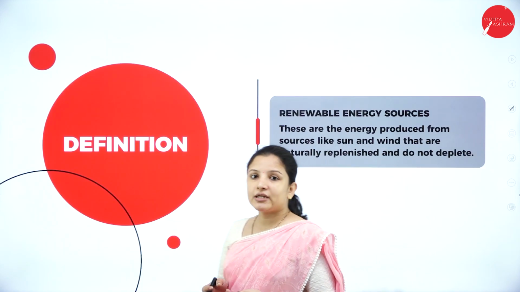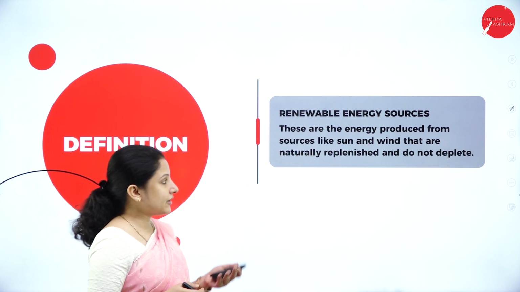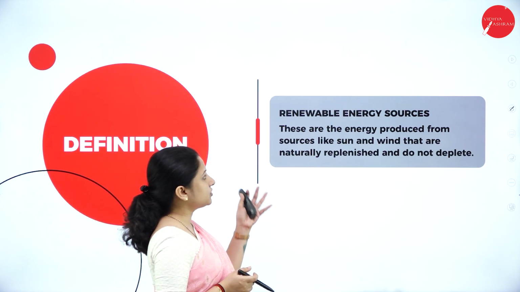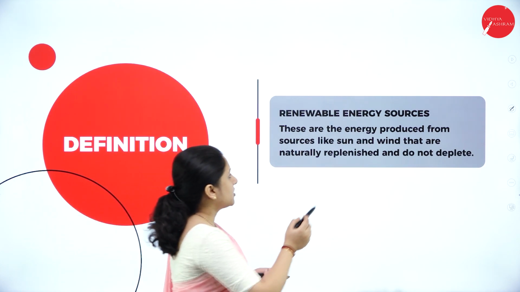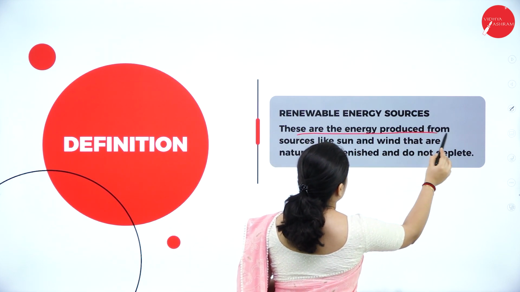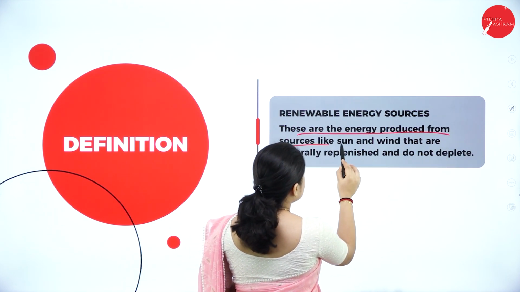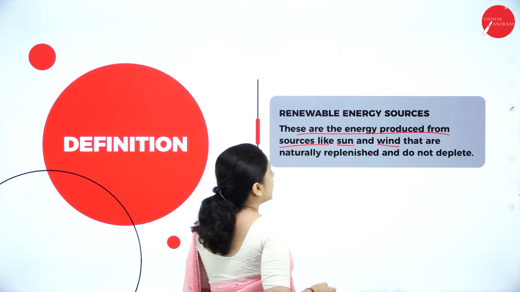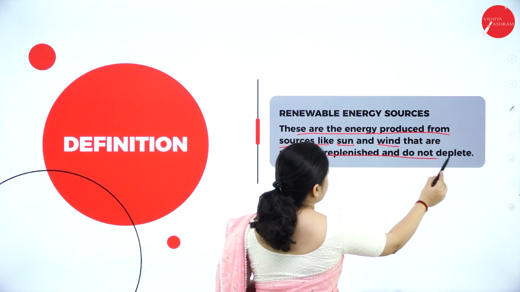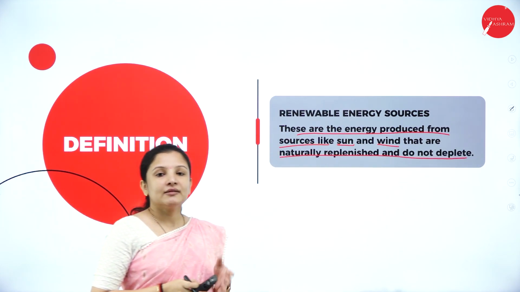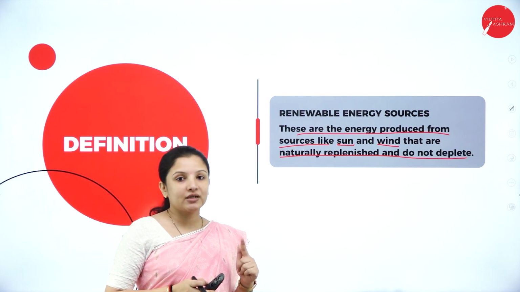So talking about renewable energy resources, the definition: these are the energy resources which are produced from sources like sun and wind that are naturally replenished and do not deplete, meaning the sun and the wind will never deplete, right?